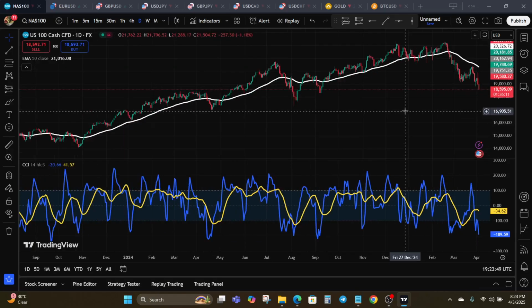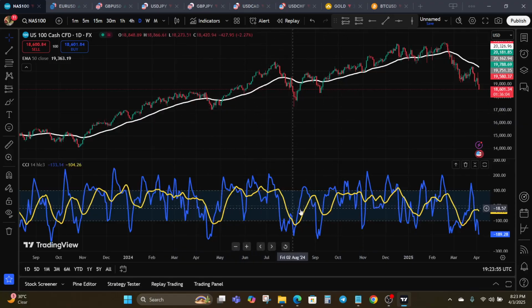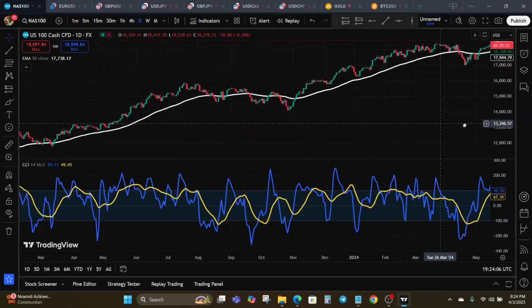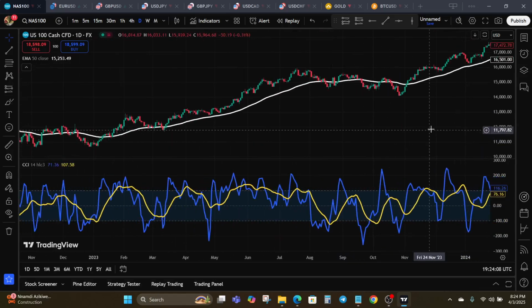Avoid trading when the CCI is hovering around zero, as this indicates low momentum. Combine with candlestick confirmations for stronger trade setups. It's very important.